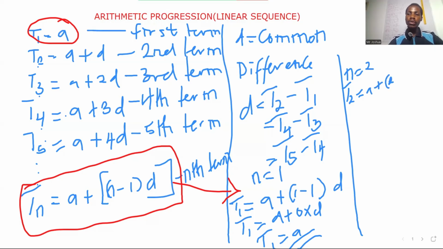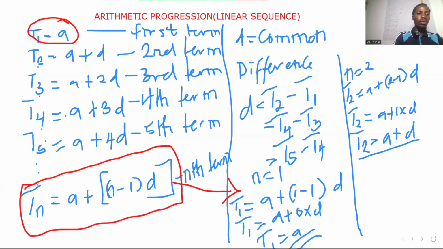Our n is now 2 minus 1, close bracket D. So we're going to have T2 equals A plus 2 minus 1, which is definitely going to give us 1 times D. So T2 equals A plus 1 times D, which gives us D. And that is how we got our value of T2 to be A plus D.